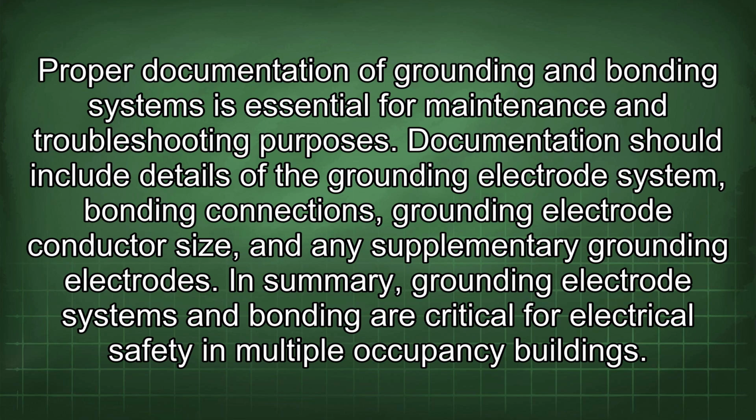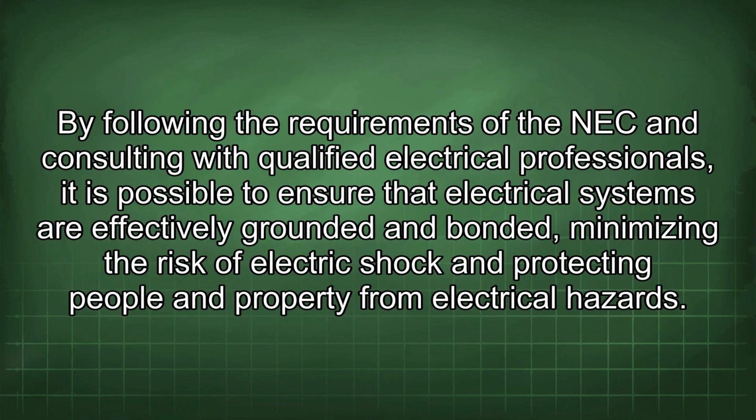In summary, grounding electrode systems and bonding are critical for electrical safety in multiple occupancy buildings. By following the requirements of the NEC and consulting with qualified electrical professionals, it is possible to ensure that electrical systems are effectively grounded and bonded, minimizing the risk of electric shock and protecting people and property from electrical hazards.